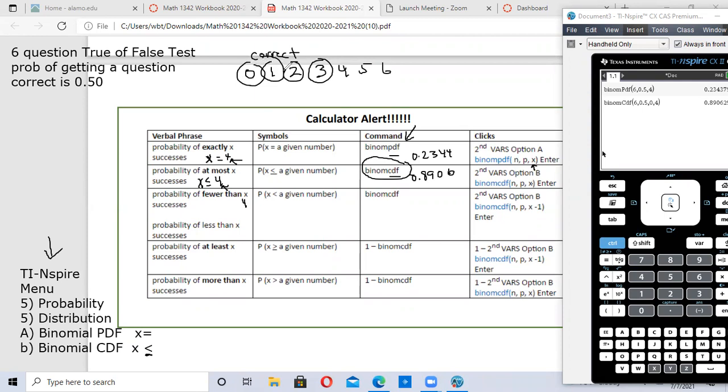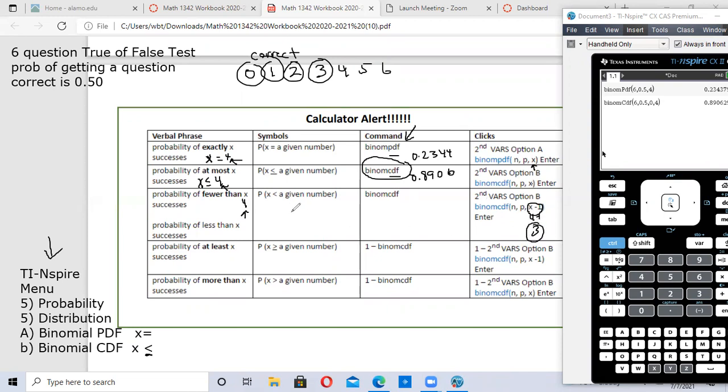We want fewer than 4 correct. So in this case, the number that we put in for X is going to be 1 less than this number, because fewer than 4 is 3, 2, 1, or 0. So we're putting 4 minus 1 into our calculator, which is 3.